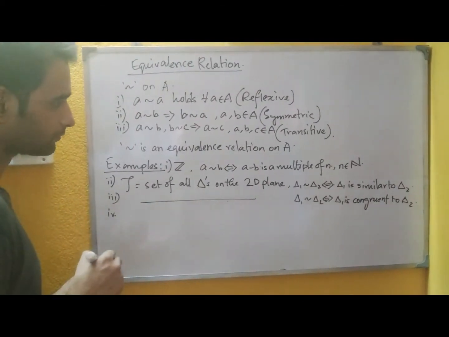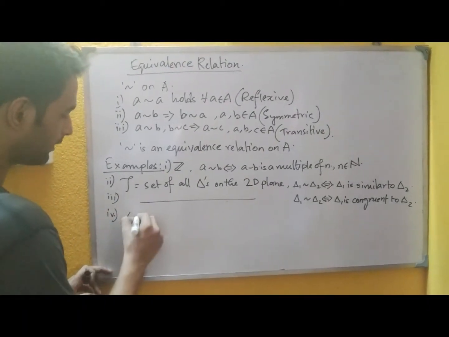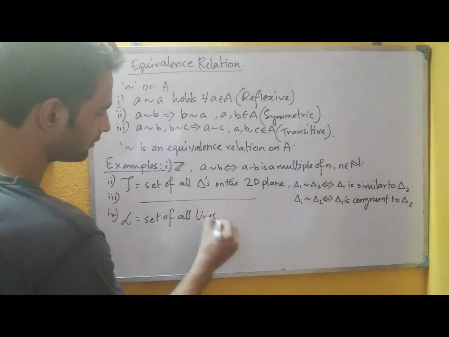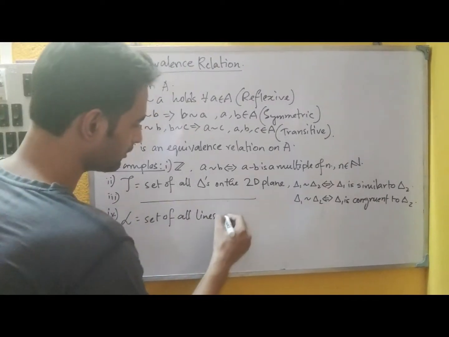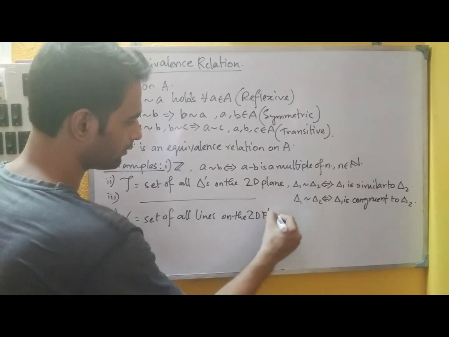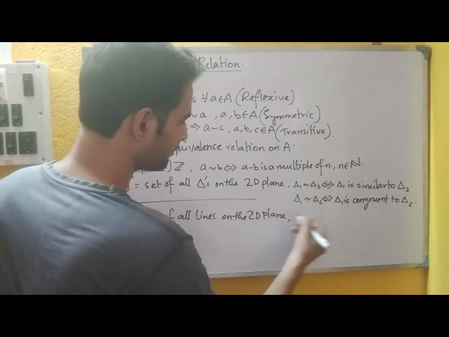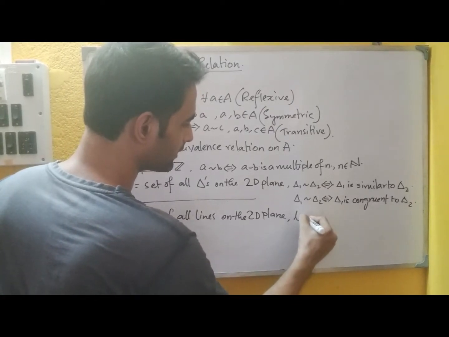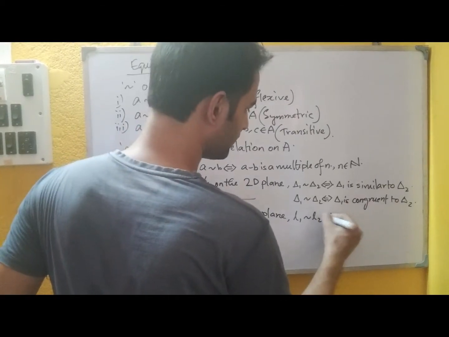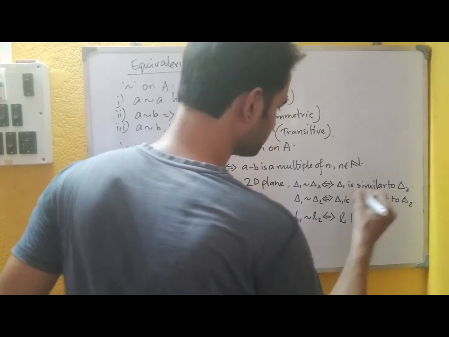Number 4, suppose we are taking script L as the set of all lines, meaning straight lines on the two-dimensional plane, and we define the relation with two lines L1 and L2 by the parallelism property, that L1 is parallel to L2.